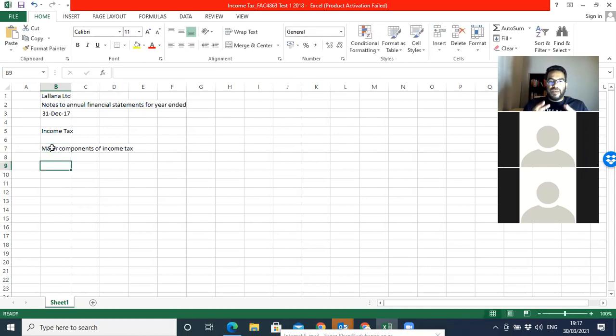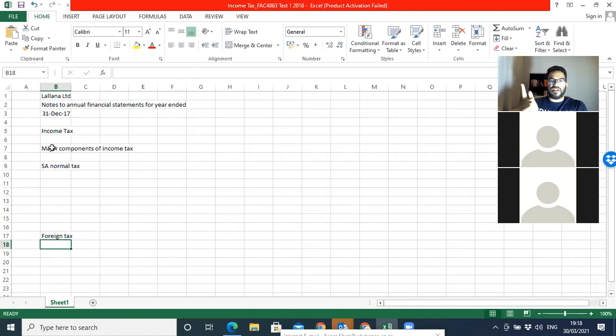So this is how you think about it. The major components of income tax is broken up into 2 parts. SA normal tax, and then foreign tax. Okay. So please take note that we have major components, which is made up of SA normal tax and foreign tax. That's the 2 parts.